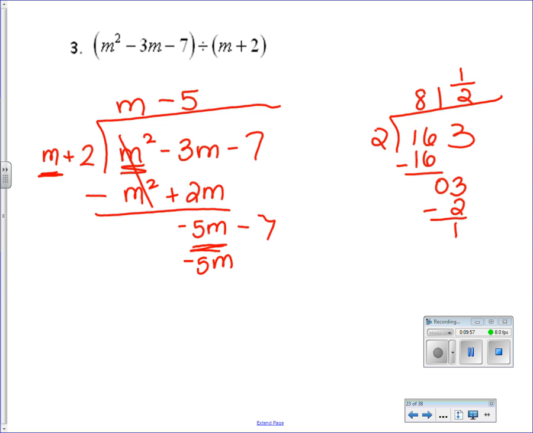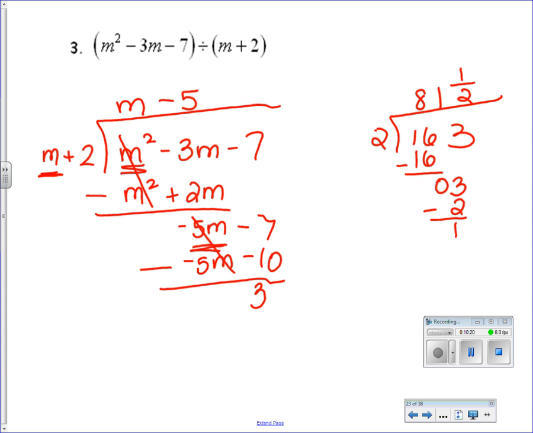And negative 5 times 2 is negative 10. And then again, I'm subtracting, just like what I was doing here. And so here we're going to have, yes, negative 7 minus negative 10, which becomes plus 10. I agree with Ron, it's 3. Oh, I said 3. Oh, sorry, Ben, you said 3. So then my remainder is 3.